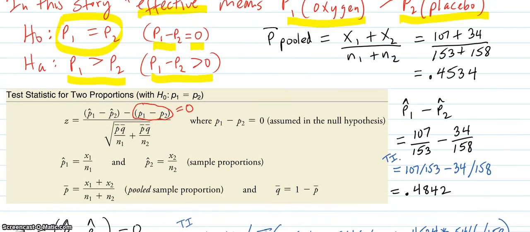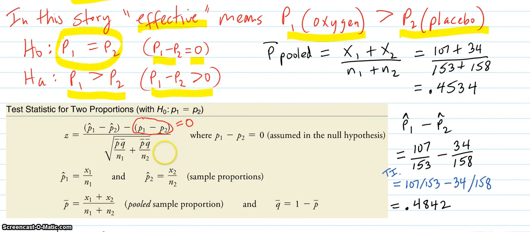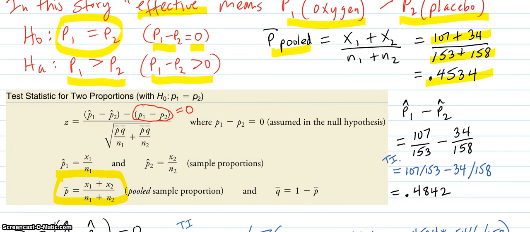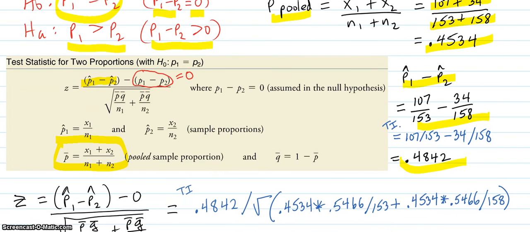So we have our formula here, and we do the P-pooled. We follow the directions of the P-pooled, and we execute it here, get the P-pooled proportion, and then we get the difference. We need this difference of P-hats, so we do that, and you get 0.4842.